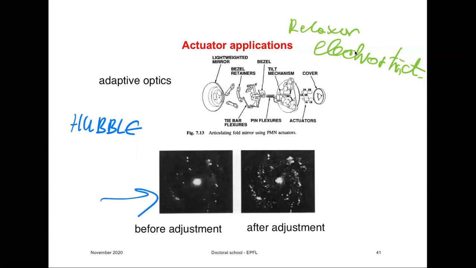So in one of the Space Shuttle missions, the astronauts were able to put electrorestrictive actuators on the bottom of this telescope mirror, and by applying an electric field it was possible to deform the mirror and compensate for this error in polishing the mirror.